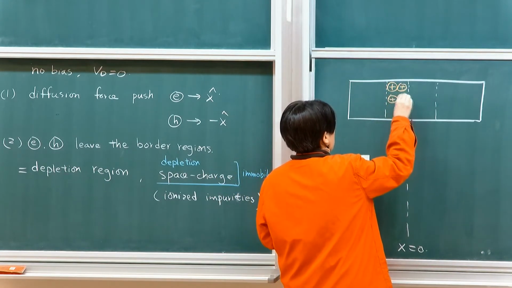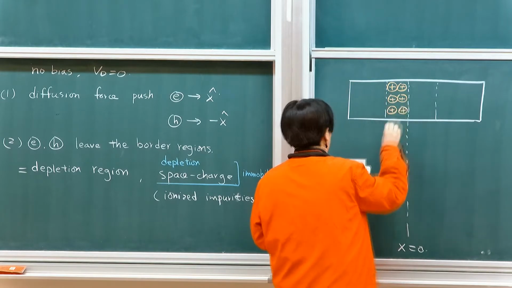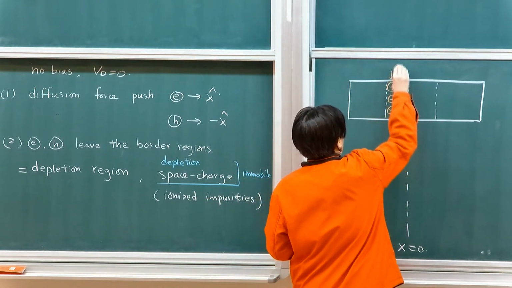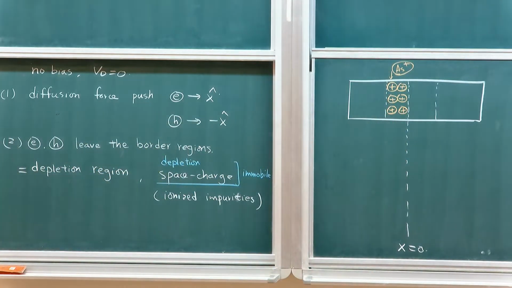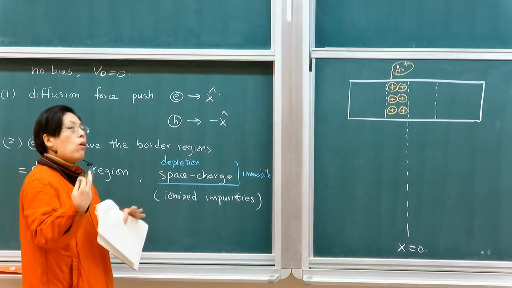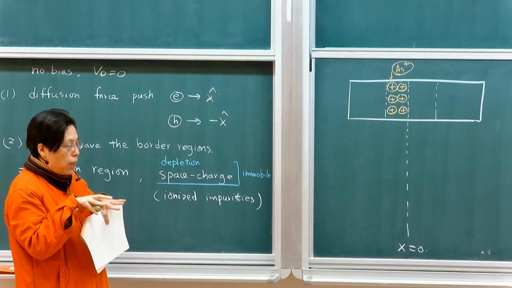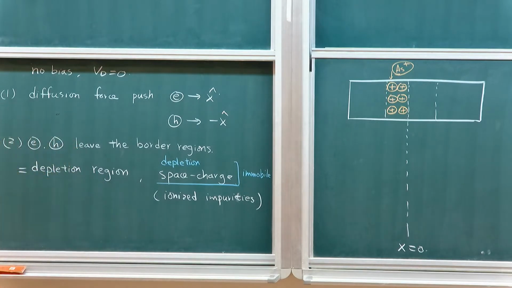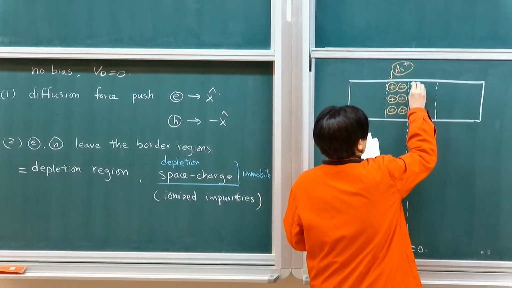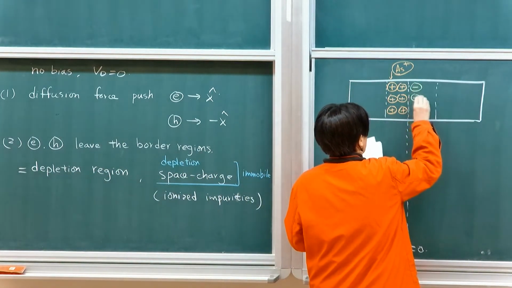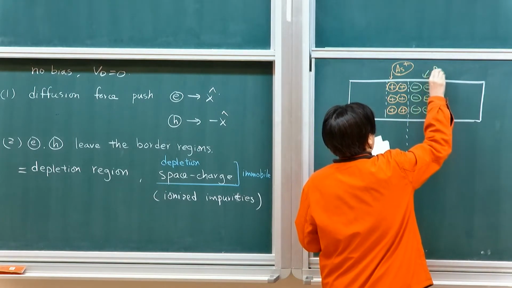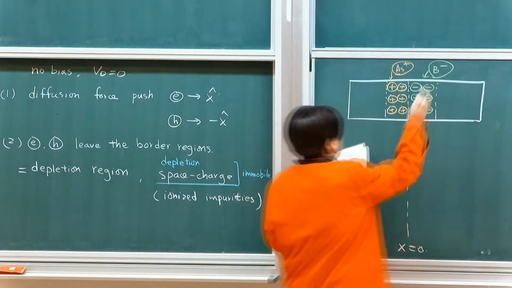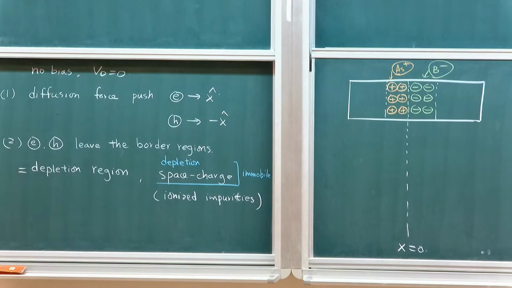These are space charge; each one of them is, in this case, As plus, ionized impurity. Okay? This also happens on the other side. Once the hole has left, all the borons are accepting another electron, so they will be negatively charged. Each of them is a boron minus.